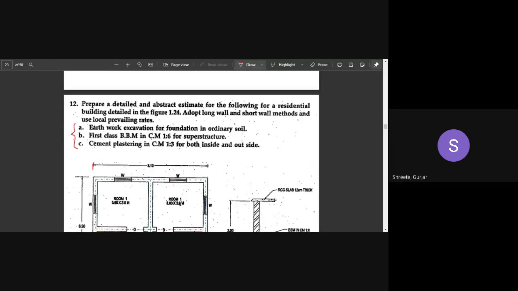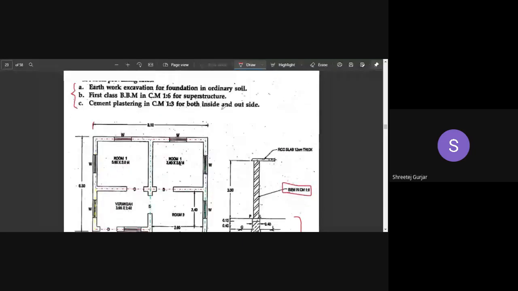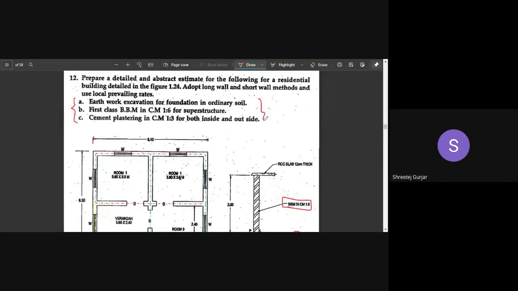So we are not dealing with this foundation work. We are only dealing with excavation in foundation, and we are not dealing with this PCC work or this size stone masonry. We are only dealing with this brickwork in your superstructure. So much of our work is reduced over here.